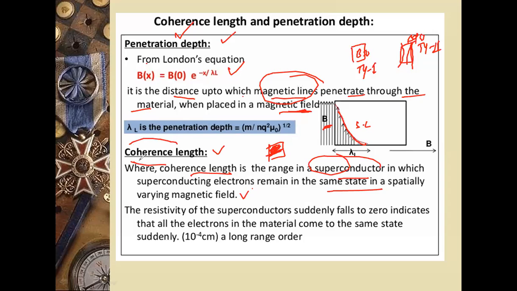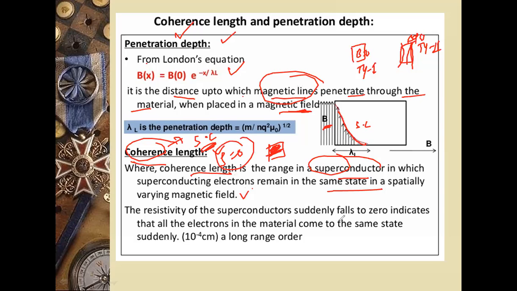This is the length that completely obeys the superconducting properties. So the coherence length is the length where the material shows the superconducting state. In this case, rho is completely zero. The region up to which resistivity is zero is called the coherence length.